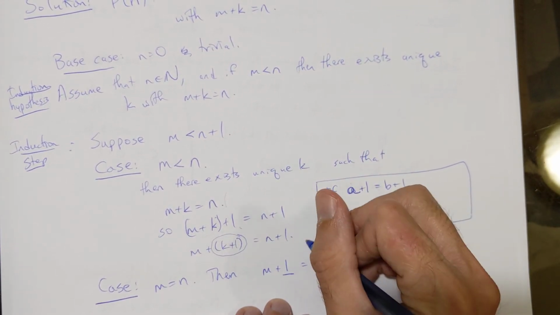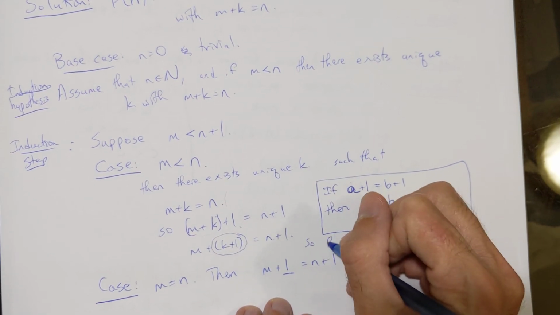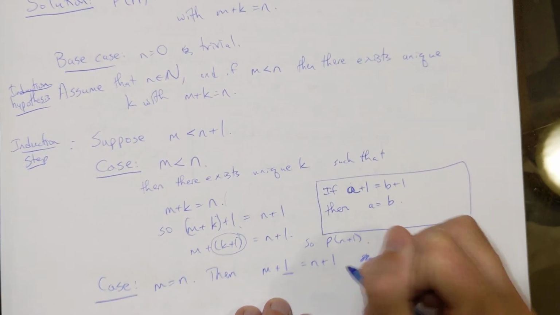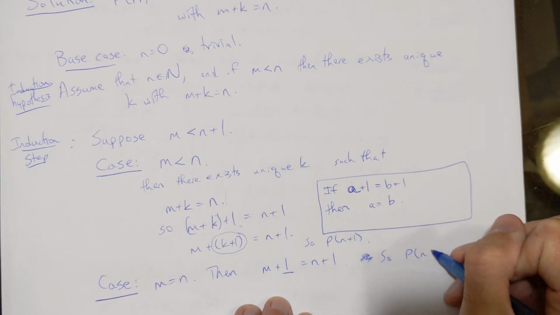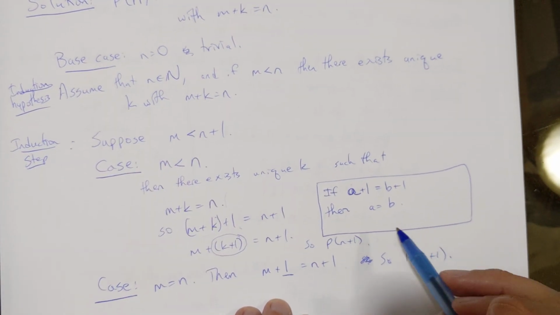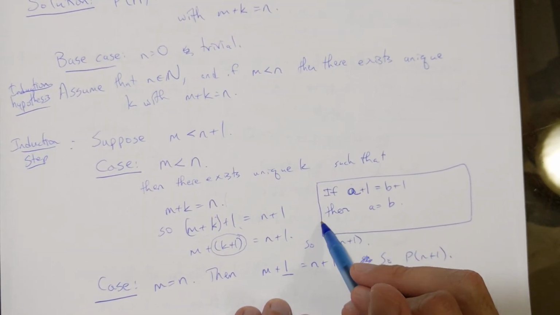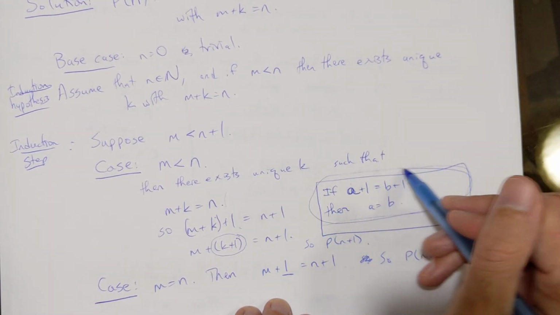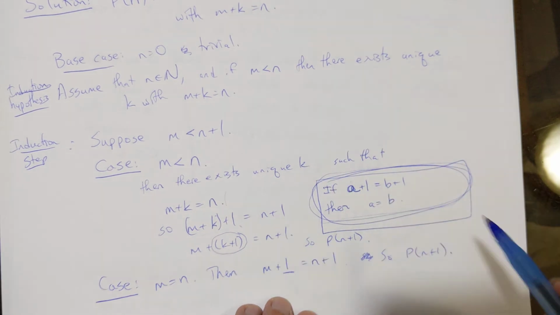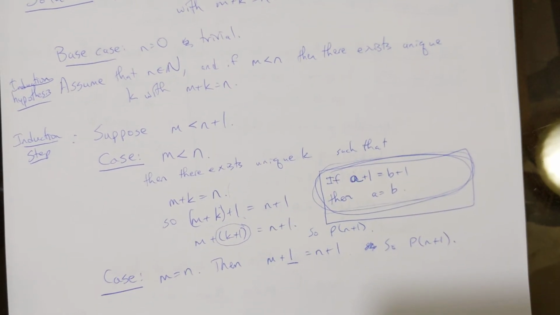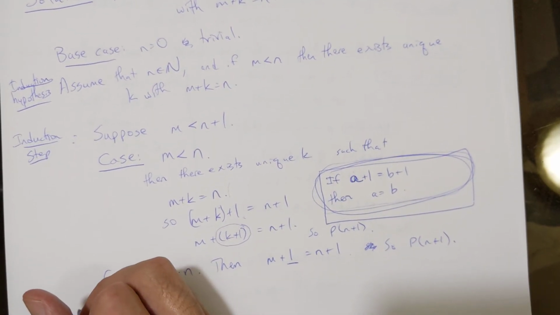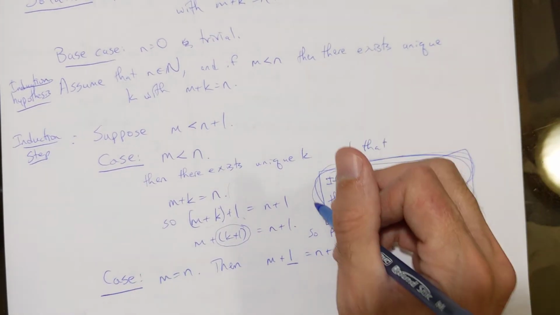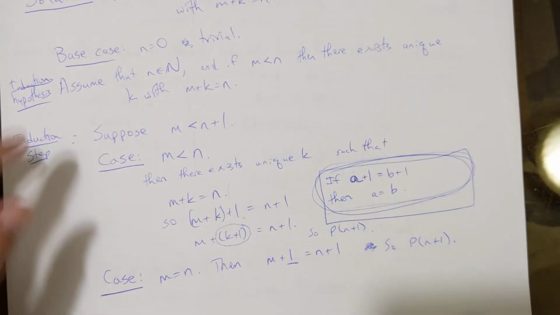So in this case we've shown P of n plus 1, and in the other case we've shown P of n plus 1. Again, in both cases to prove uniqueness, we need this. So we are done if we can show this, so let's just show this.